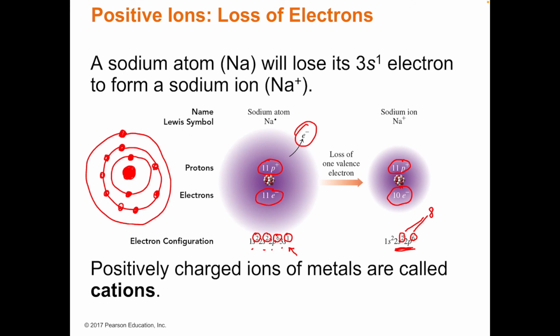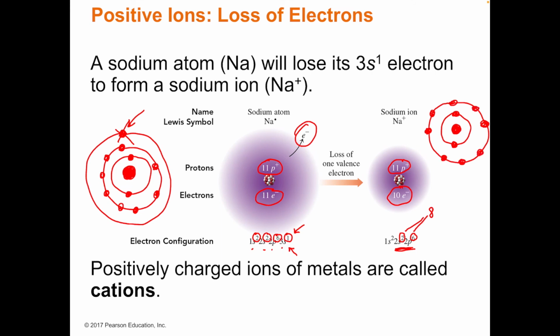If the sodium loses one electron, it's always going to lose it from the outermost energy level. So it's going to lose this 3s1 electron. And when it loses that electron, now it looks like this over here. We have our nucleus, and we only have 2 energy levels because we've lost that 3s1 electron. So that third energy level goes completely away. Now we have 2 electrons in the 1s, 2 electrons in the 2s, and 6 electrons in the 2p.